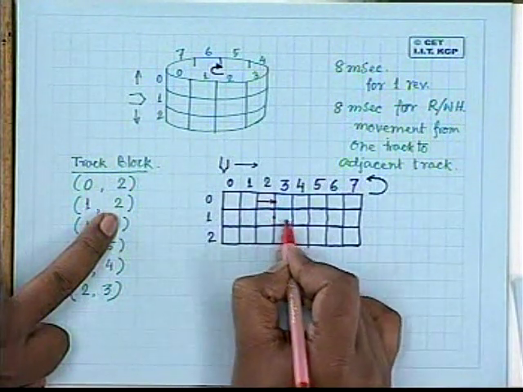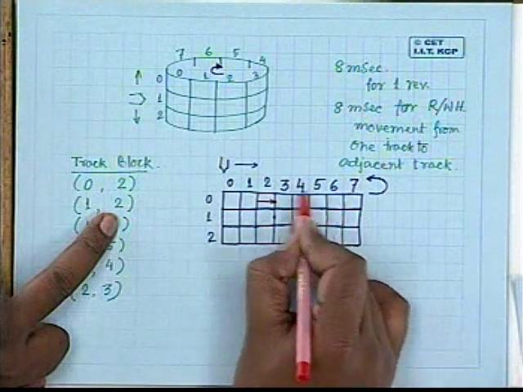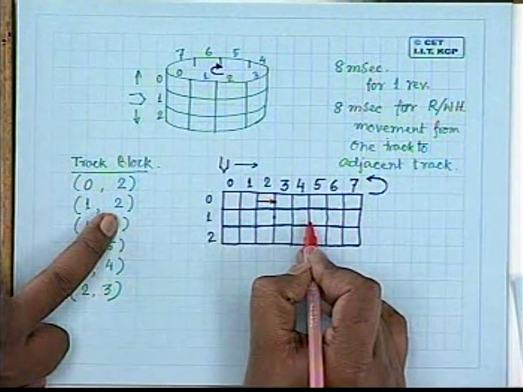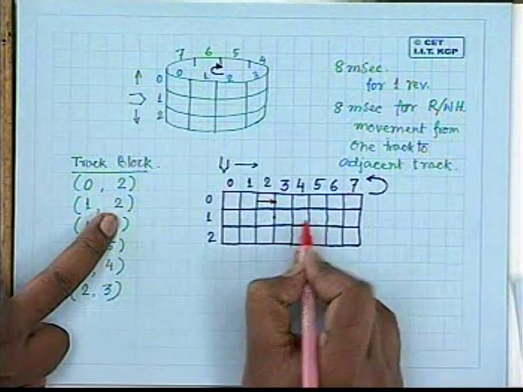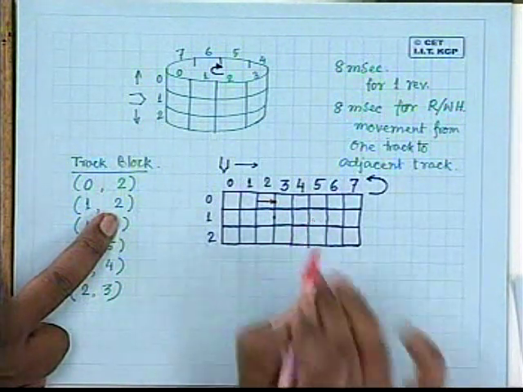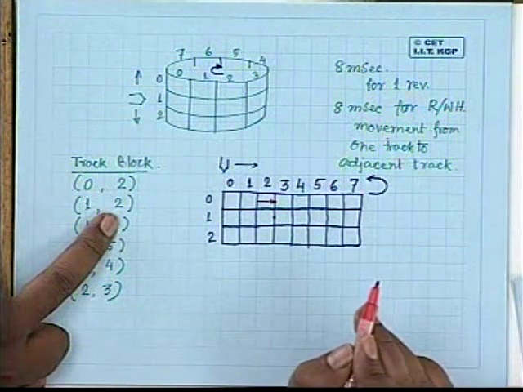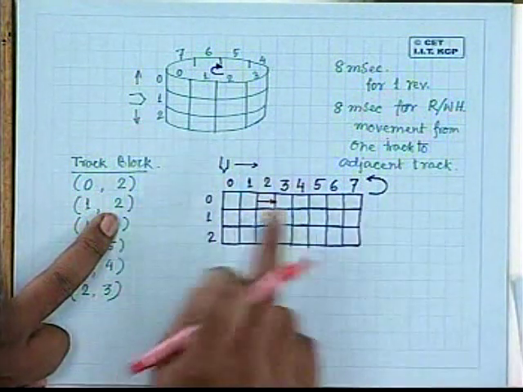So you find that out of this entire head movement, 7/8 of the time is wasted. Though the drum is rotating continuously, that much time is not used for any access of a block.